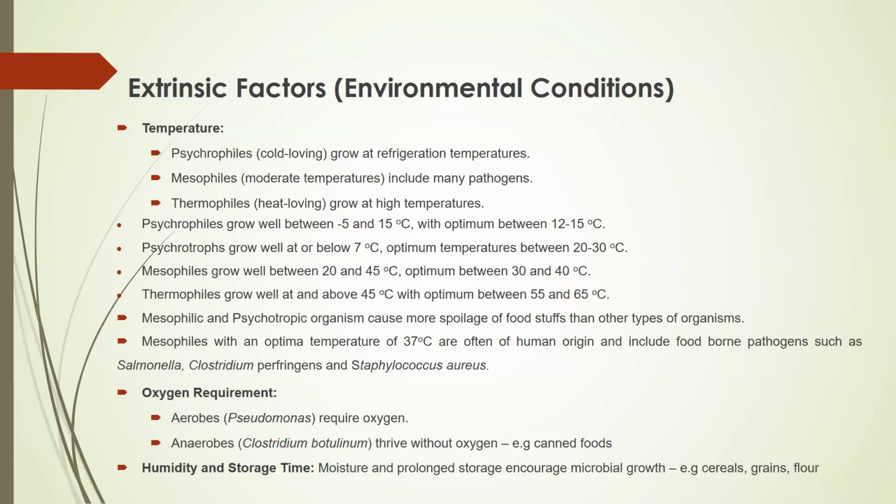But when you want them to grow optimally, there is what is called optimum temperature. So psychrophiles that are cold lovers can grow well at the temperature range of -5 and 15 degrees centigrade, but they will grow optimally between 12 to 15 degrees centigrade.